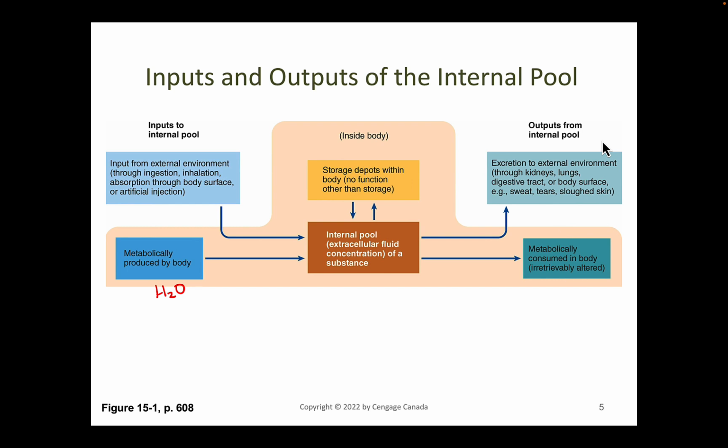So for example, with our respiration, we use oxygen and we're going to produce carbon dioxide and water. So again, the balance concept suggests that these inputs, which includes both what comes into our body from outside and what we produce, should equal our outputs, what we lose to our external environment and what we consume in the body.